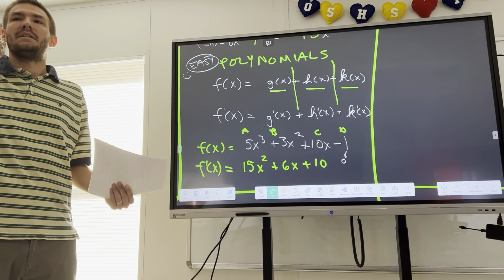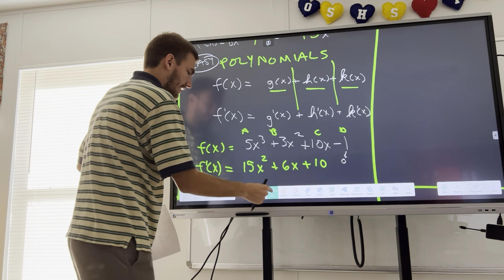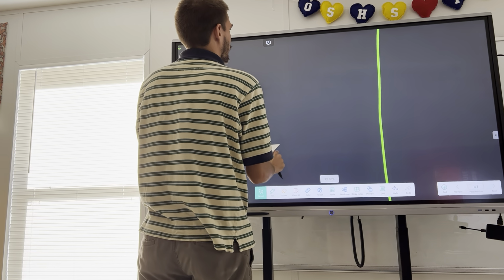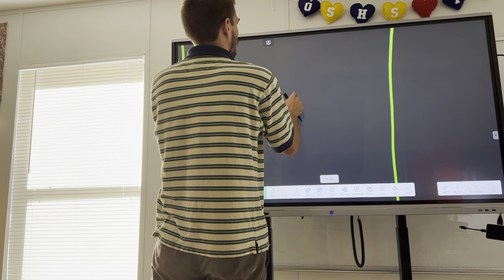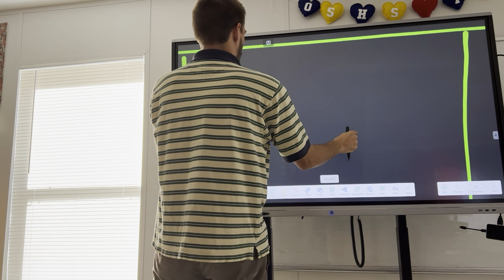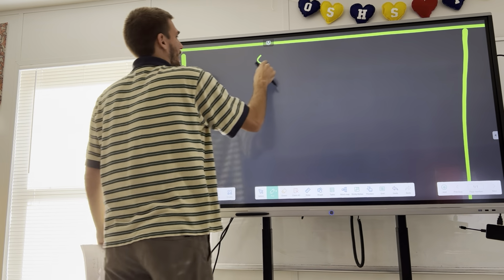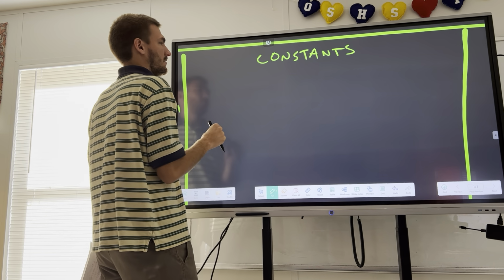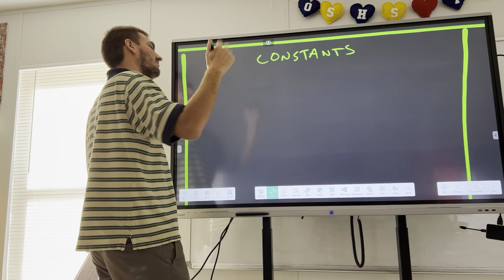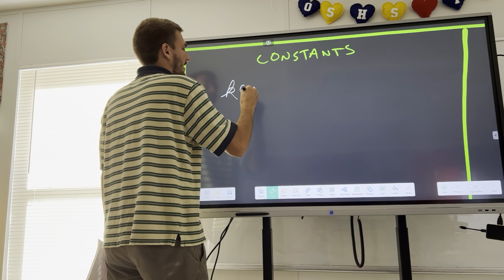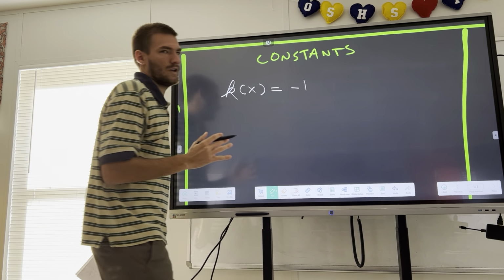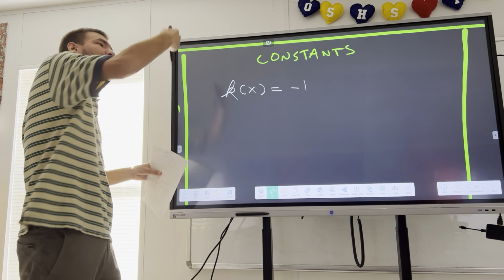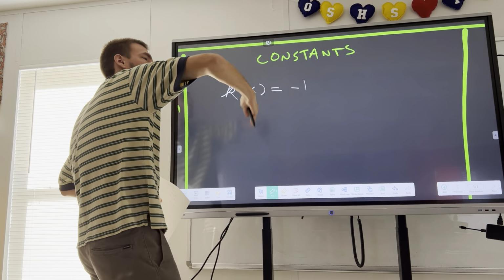And let's think about that for just a second. Constants. If we think about from the last function, let's just say k of x was equal to -1, okay? That was because I was thinking about chopping up that polynomial.